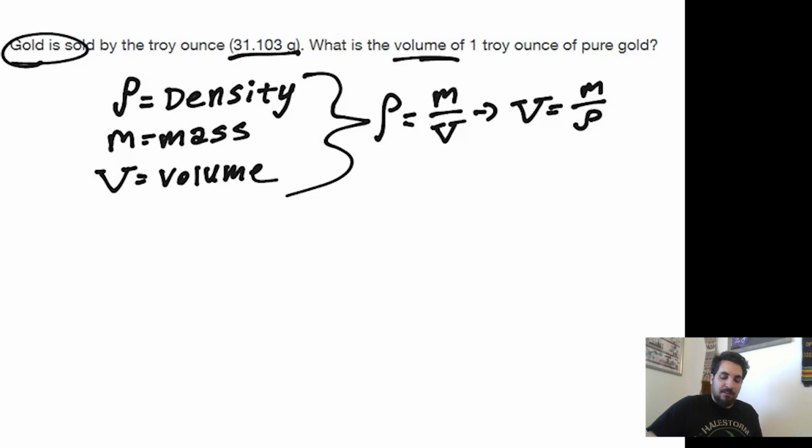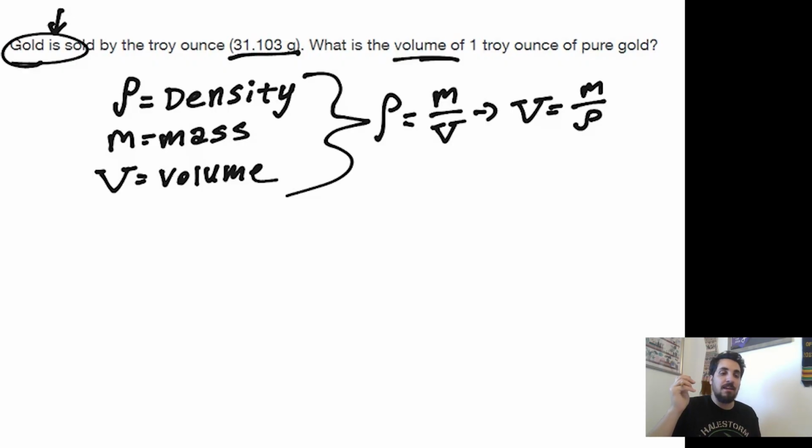So we have the mass, 31.103 grams, very precise number. And then we have the material. And why is the material important? Because the material tells us about the density. And it's true that any material has a very specific density.